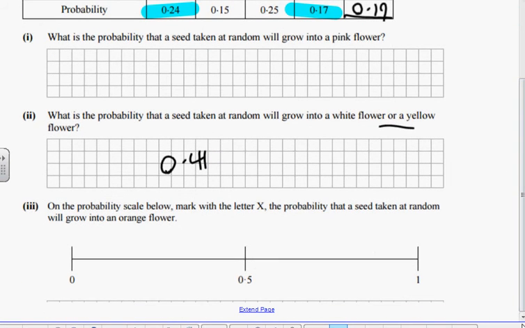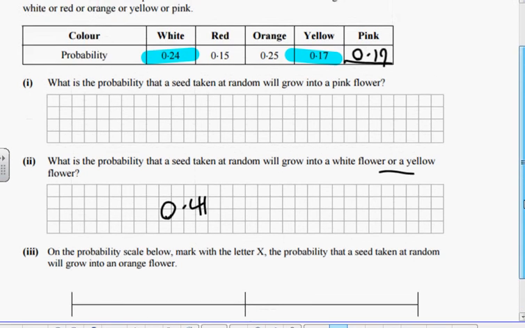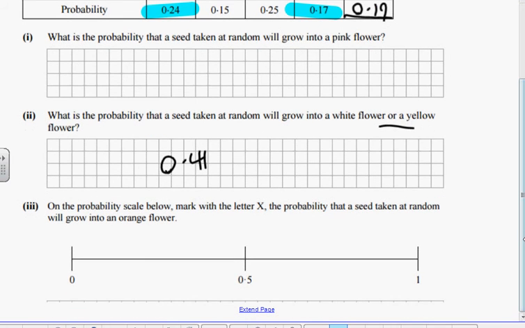Okay, next one. On the probability scale below, mark with the letter X the probability that a seed taken at random will grow into an orange flower. What's the probability for orange? 0.25. So it's halfway between 0 and 0.5. Probability is nice, isn't it?